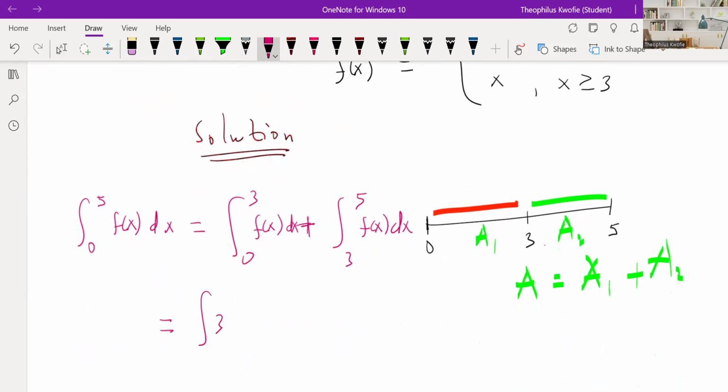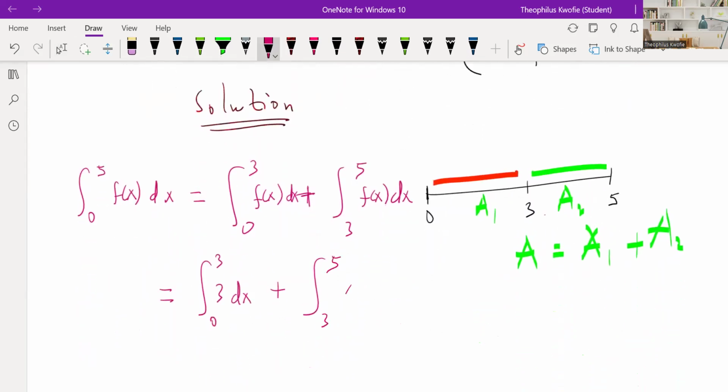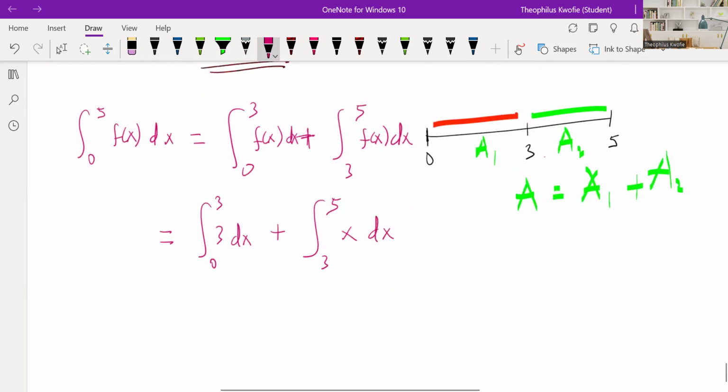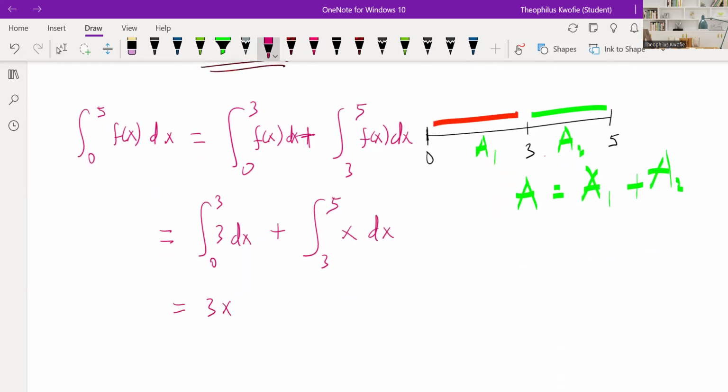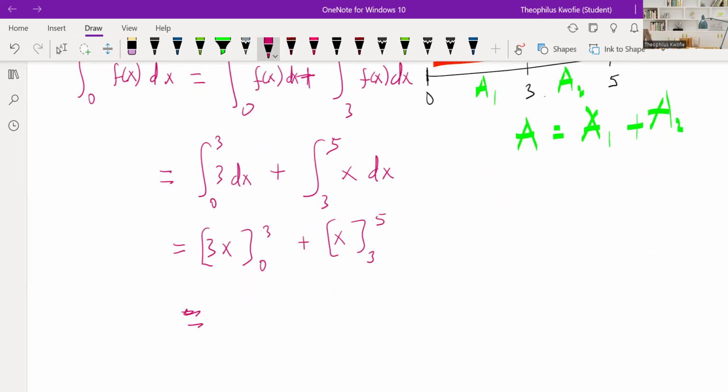So we're going to have the integral of 3 from 0 to 3 plus the integral from 3 to 5 of x, right? So the result will be 9 plus what? 5 minus 3. And that gives us 9 plus 2, which is 11. So far, this is how far time would permit us.